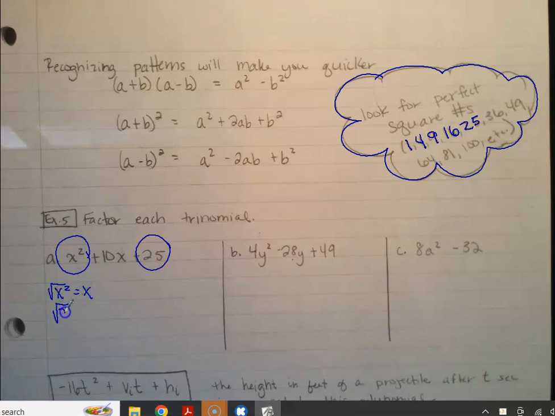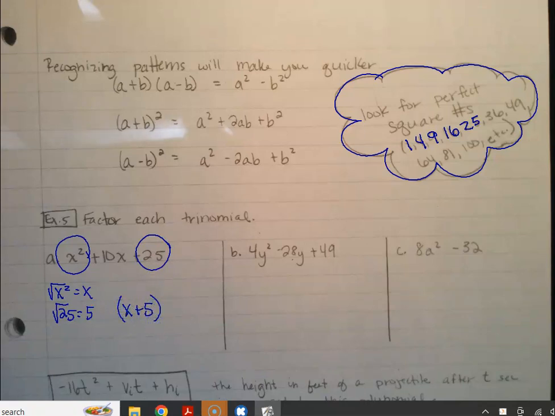The square root of 25 is 5. So can we skip the whole process and just write the answer as x plus 5 in parentheses and then x minus 5? Or would it be 2x plus 5?